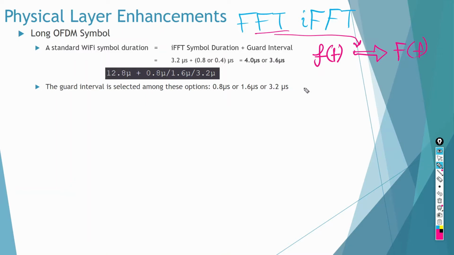Let's have a look at this function. Let's assume we have this function in time domain with amplitude of 4. So this one is plotted as f of t over time.